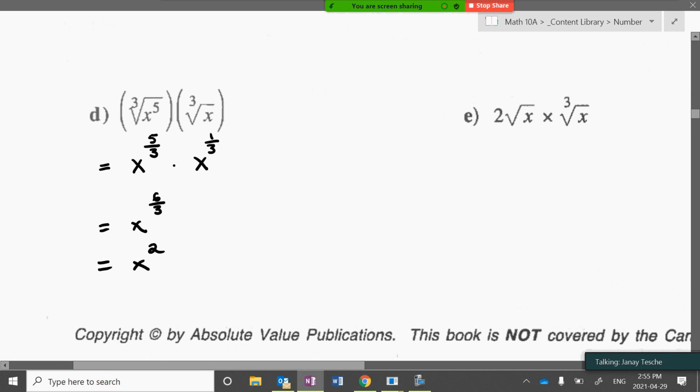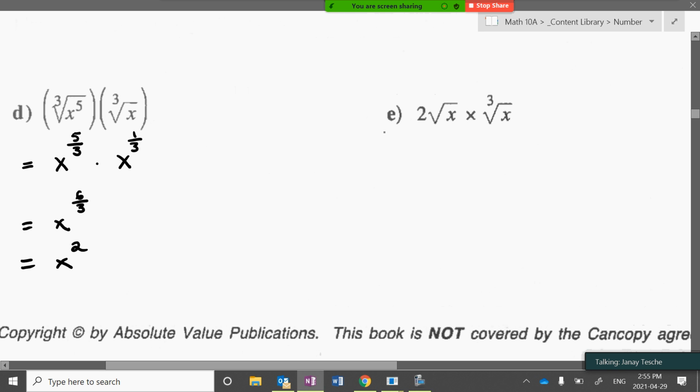Let's do E. So E is going to become 2 times x to the power of a half. Be really careful. They try and make their multiplication symbols not in italics kind of thing. I think it's a little bit confusing. But you're going to get x to the power of a half times x to the power of a third.